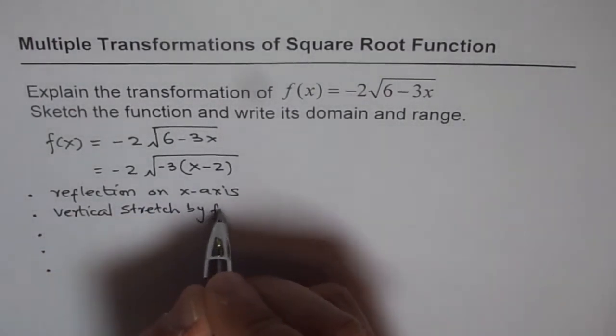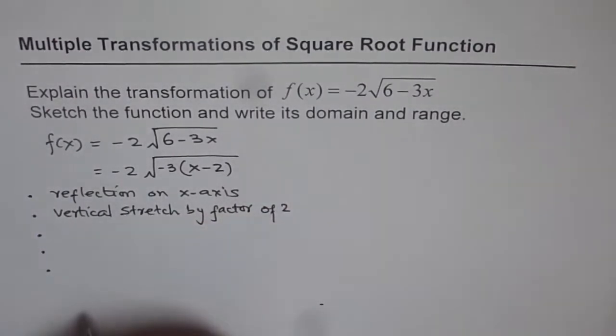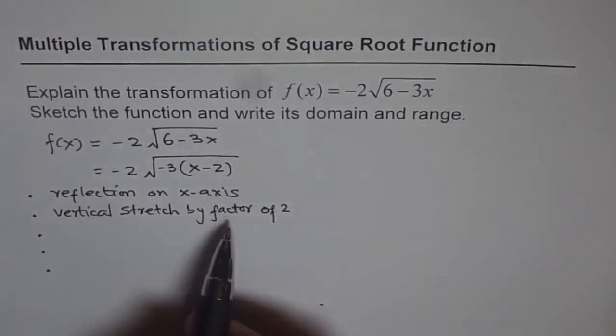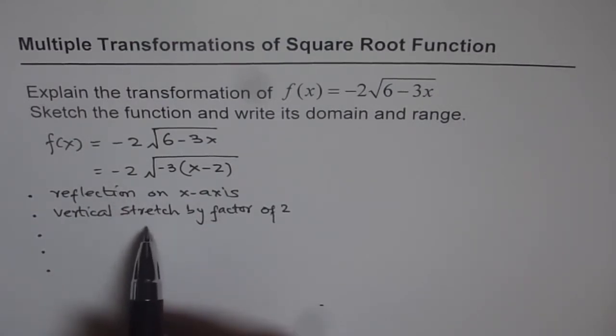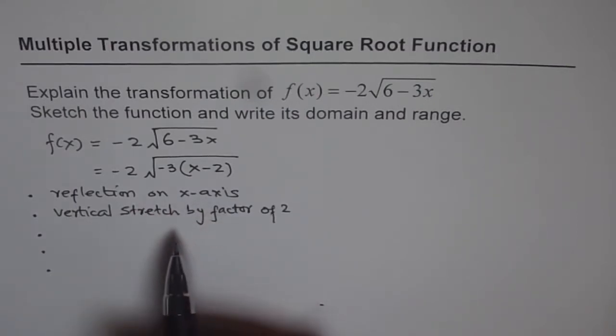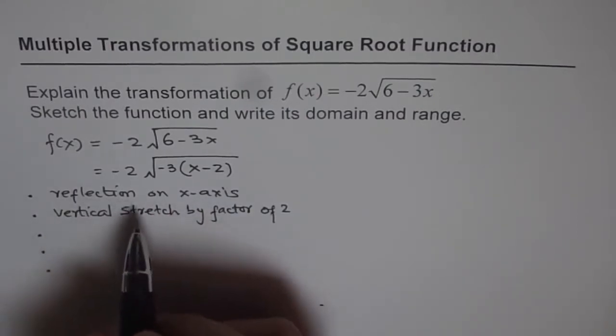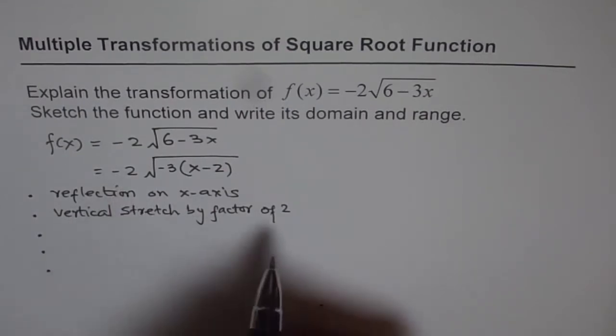By a factor of 2, correct? The word factor is important since it's getting multiplied. So don't write vertical stretch of 2 or something like that. It could be confused with translation. So it should be vertical stretch by a factor of 2, so you have to multiply by 2, right?